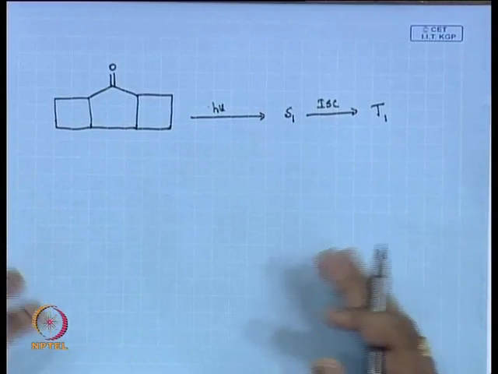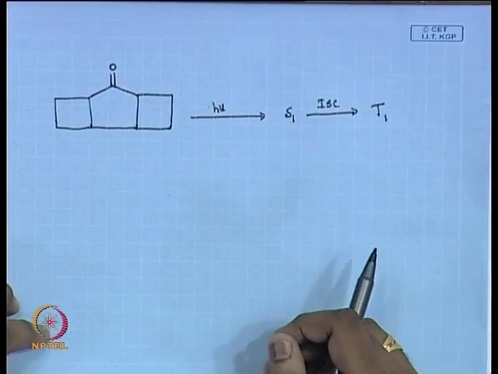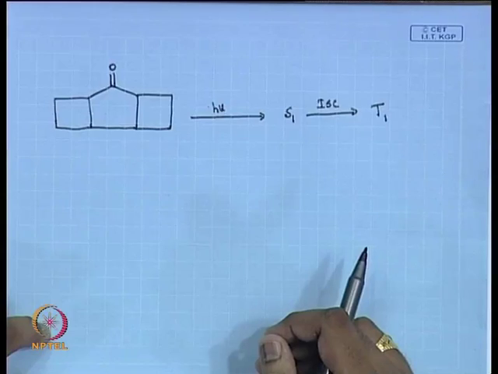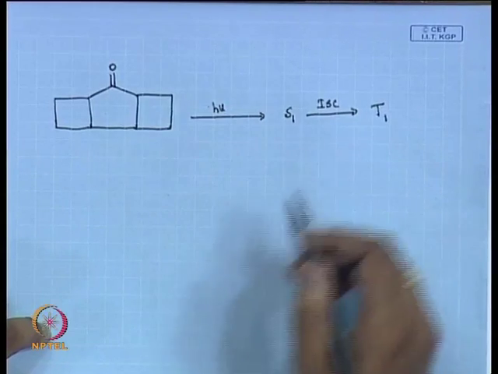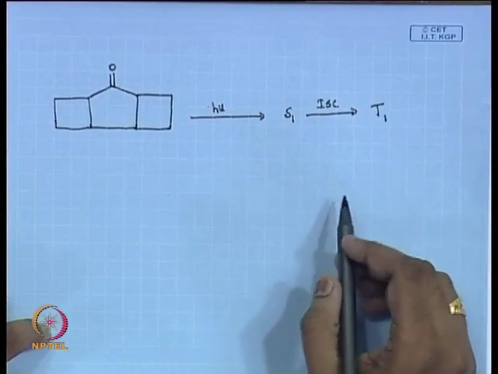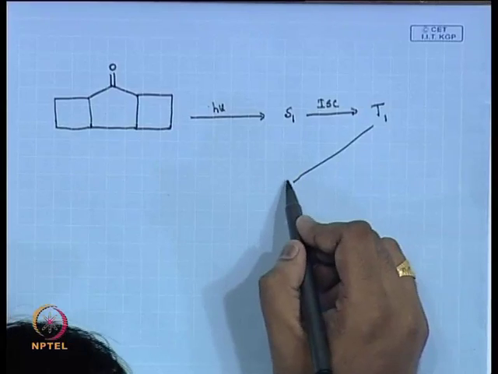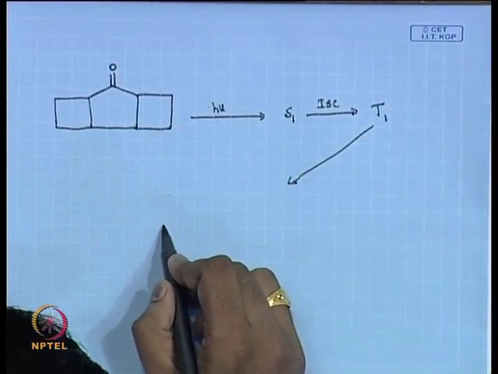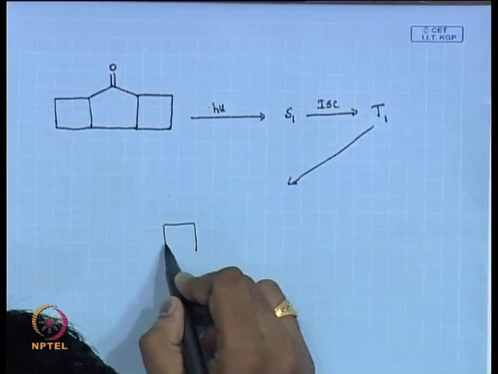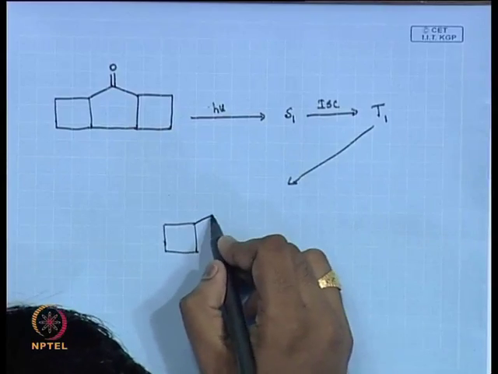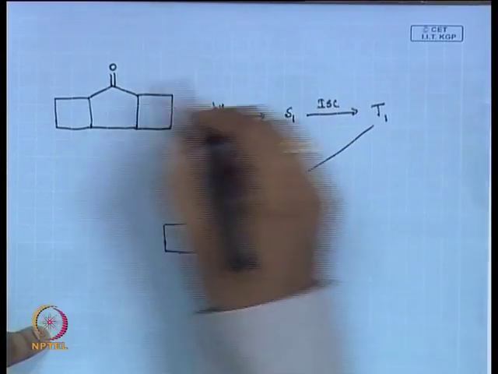So depending upon your ketones, you should understand whether this ketone can undergo intersystem crossing. That is why I am writing this again and again, because this is only the photochemistry part.